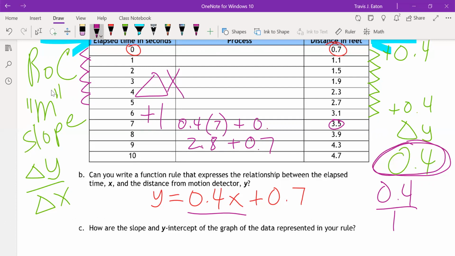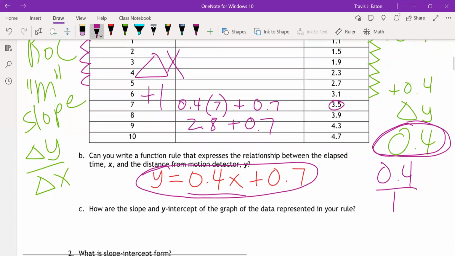And that will work for every one of them. That's why we are able to come up with the function rule, which is right here: y equals 0.4x plus 0.7.